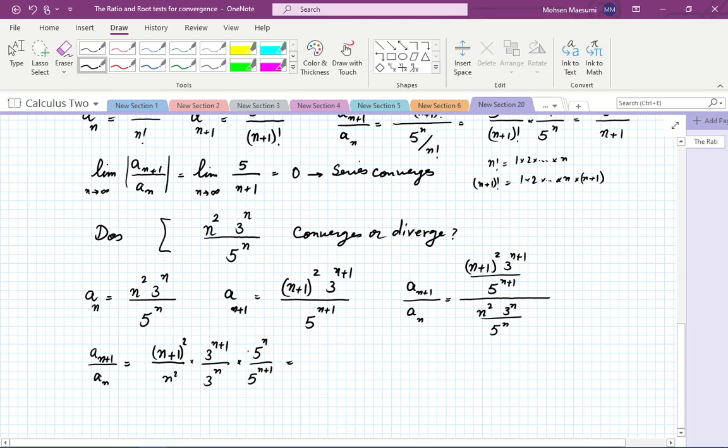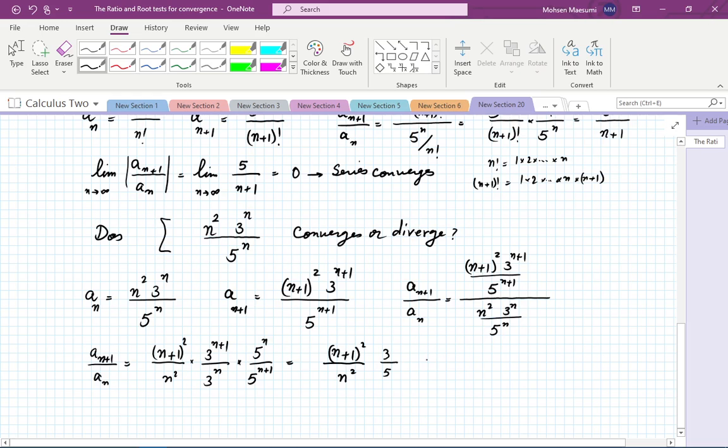So make sure you don't make a mistake as to where everybody goes. Okay, these powers are easy to simplify. This simply becomes 3, this simply becomes 5. So now I have (n plus 1) squared over n squared, and here I have a 3 and here I have a 5.